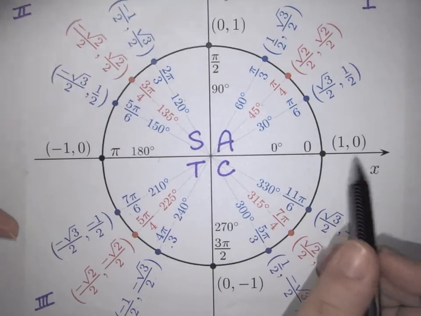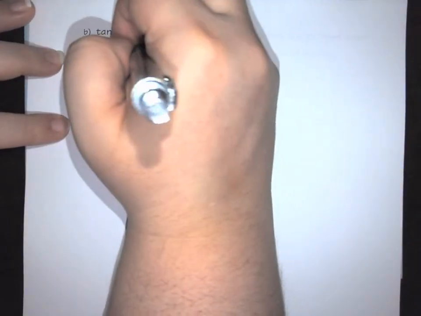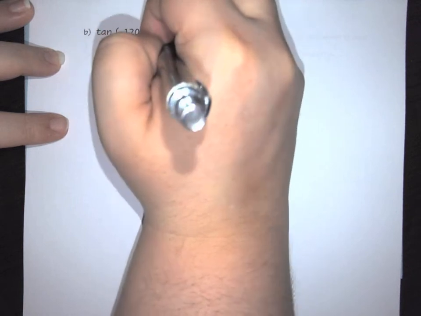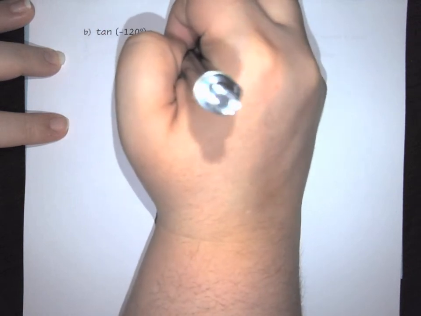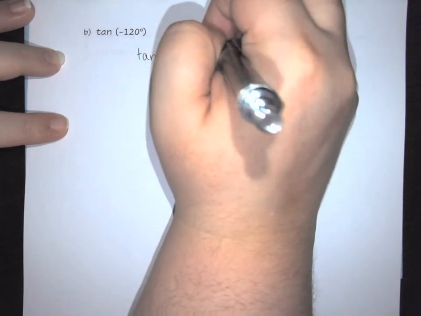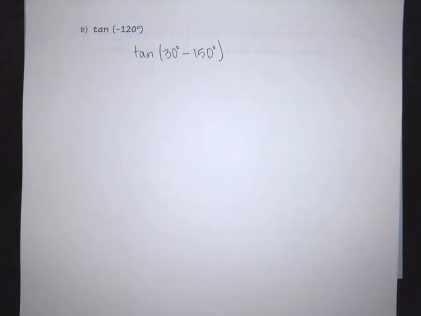So if we were to do that, then I want the tangent of 30 degrees minus 150 degrees. If you do the math, that does give you negative 120.